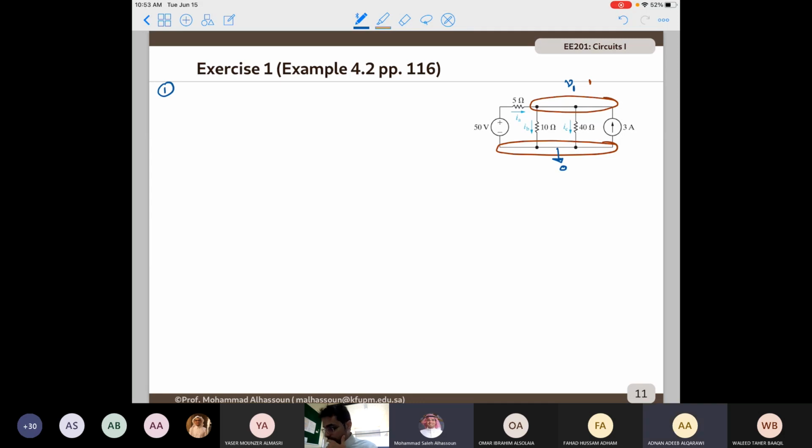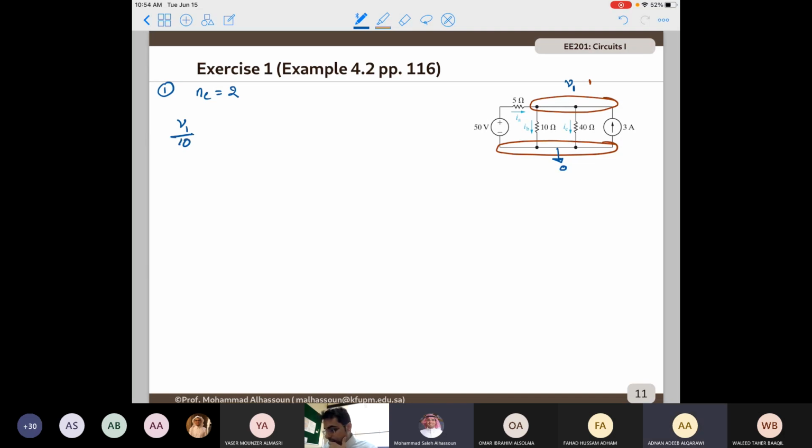Yes. Okay. So V1 minus V0 over 10. V1 minus 0, here I will ignore the 0, so it's V1 over 10. Okay, good.